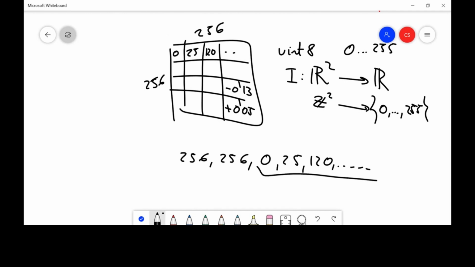So here you have 256 times 256 bytes. Here what we have is the size in X, the size in Y, and then the content. So this is the minimum that you need to say.